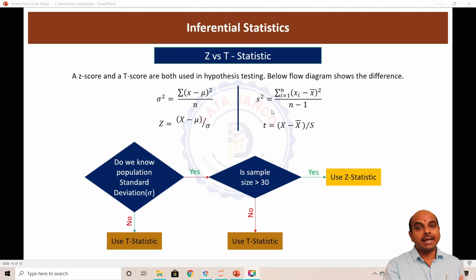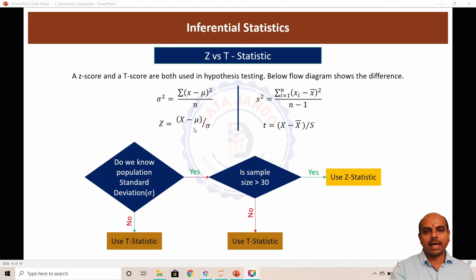But for a sample, variance is s square, standard deviation is s, and mean can be represented with x bar or capital M. So the formulas are slightly different, right? The formula is all the same, but the only thing is the denominator is n minus 1 for the standard deviation or variance of the sample.